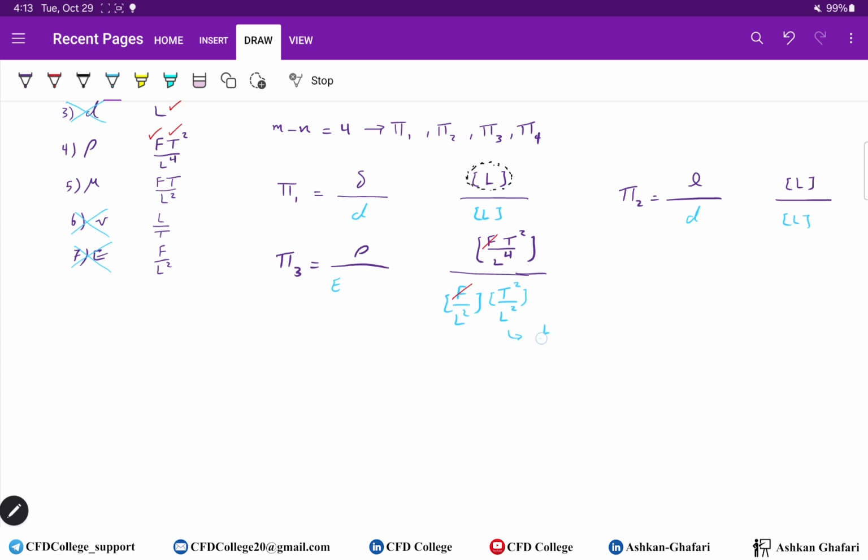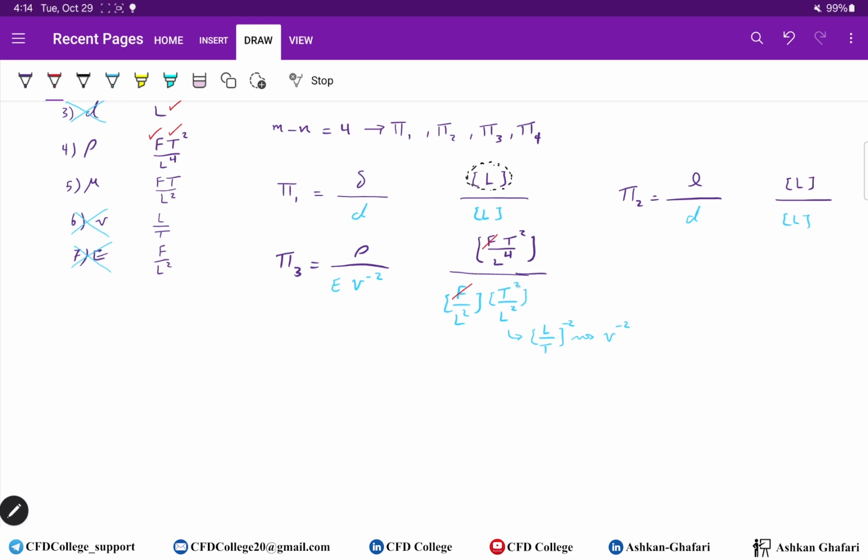Actually this is L over T to the power 2, sorry, to the power of minus 2, it means V to the power of minus 2. So I should put V to the power of minus 2 here.